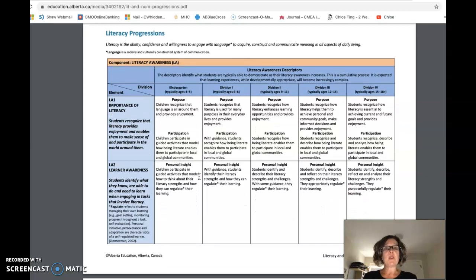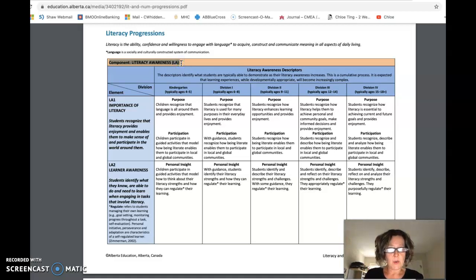These are the literacy progressions. So just like your year plan, the overall competency component is the main emphasis. This is literacy awareness.